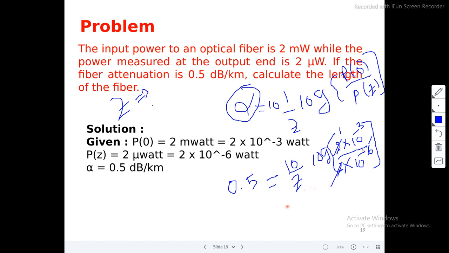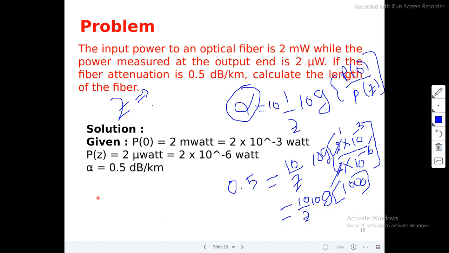So you must calculate 10 by Z into log of 1000. The value of log of 1000 is nothing but 3.